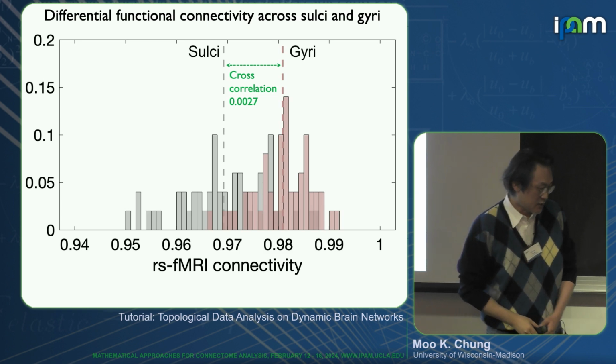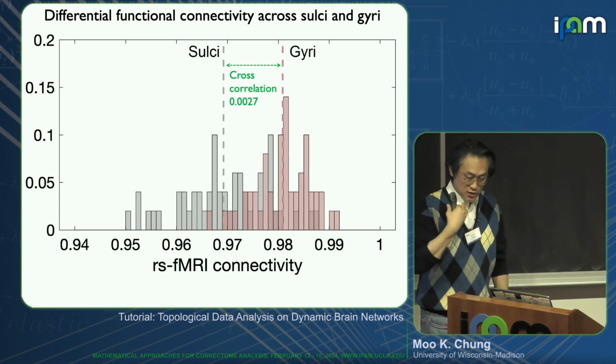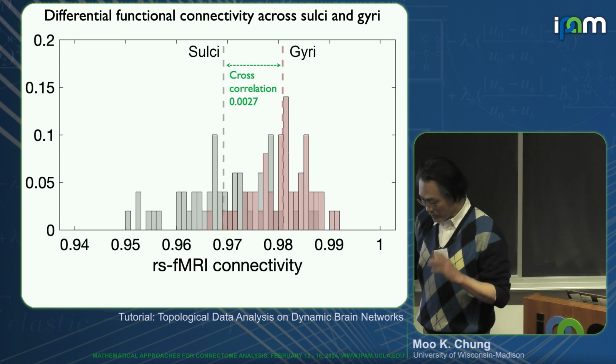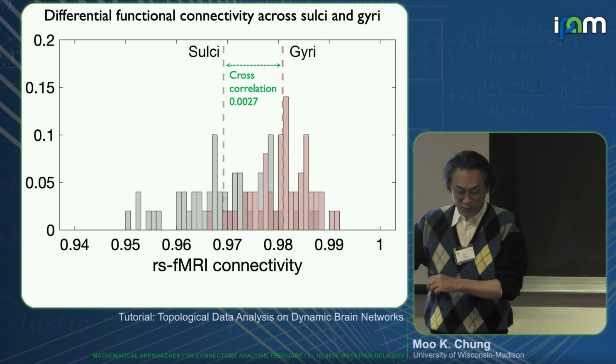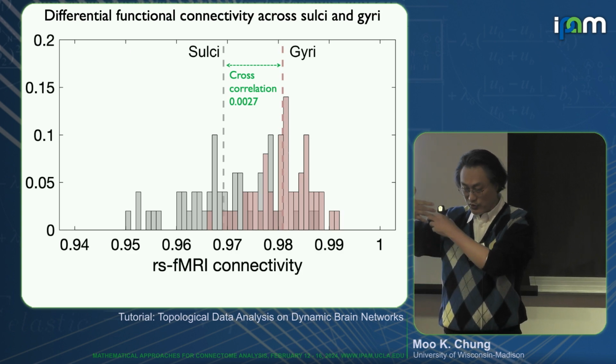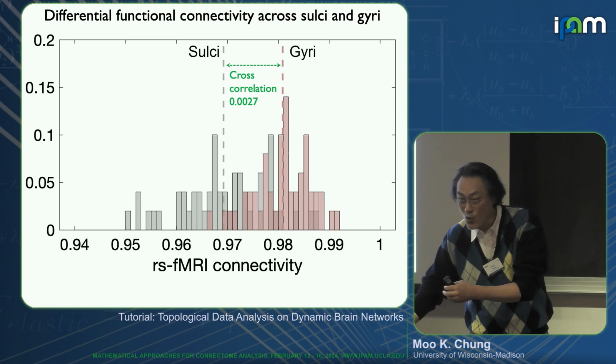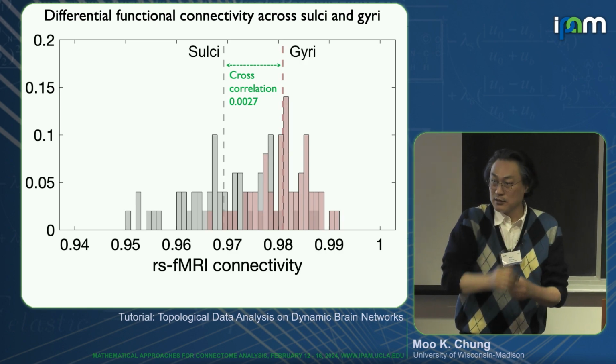I know there are a lot of papers trying to explain why resting fMRI fluctuates. Some people are trying to explain it from the neuronal level all the way to the voxel level.